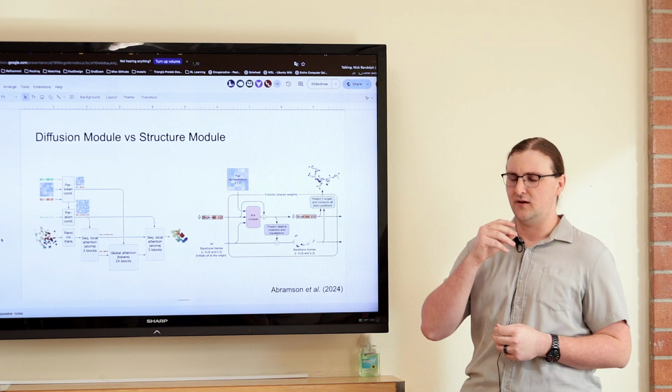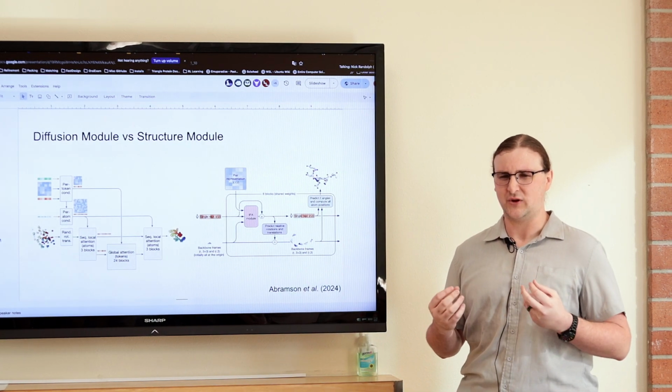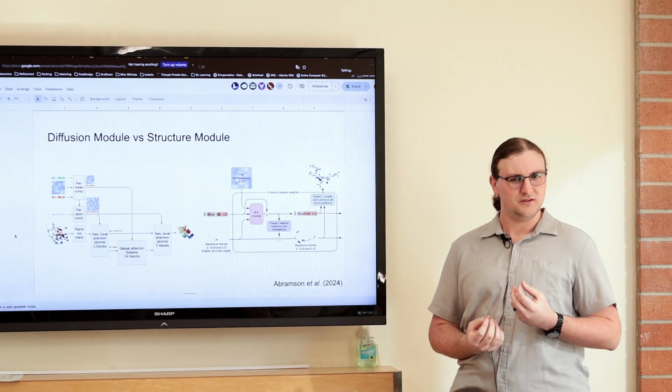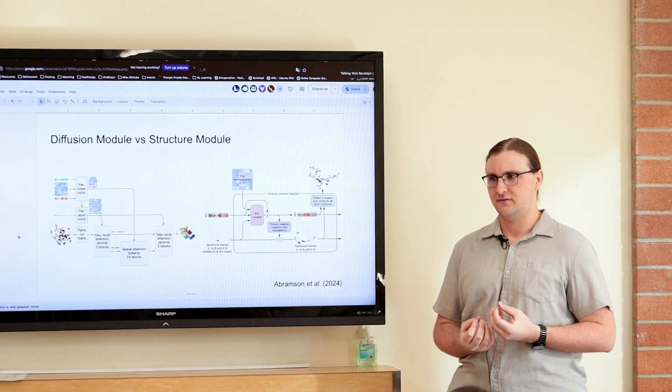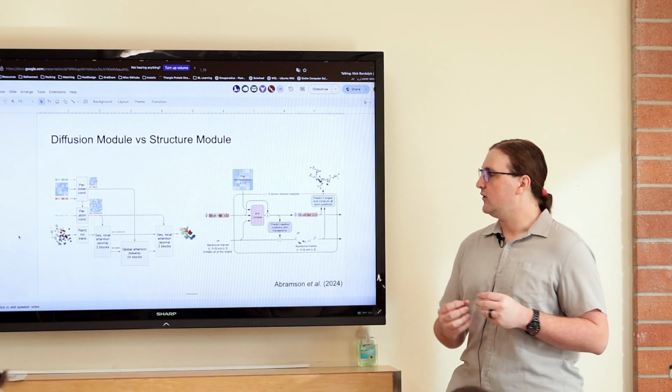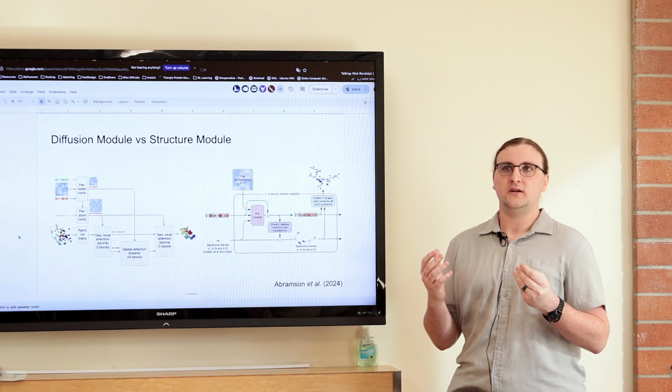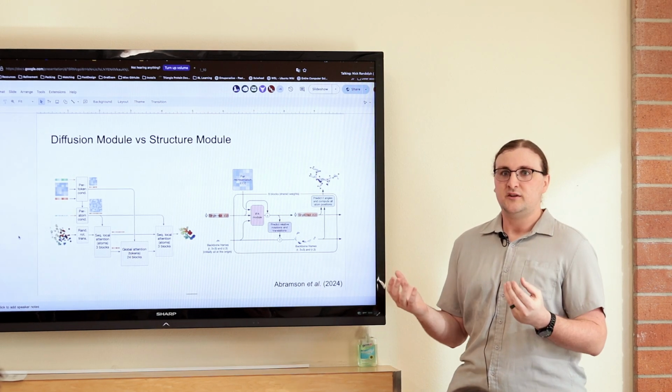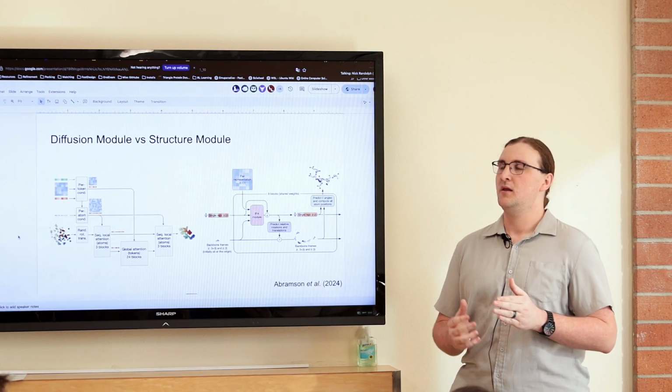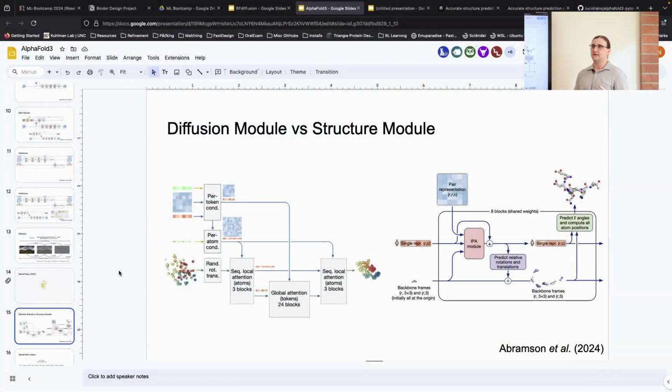Did what I said about decomposing the tokens into individual atoms make sense? I can try to explain that more. I would love more detail. Okay, so I said each token in the protein space represents a single amino acid. In the nucleic acid space, it's a nucleotide. For small molecules, each individual atom is its own token. At this step, we do know which atoms correspond to each token.